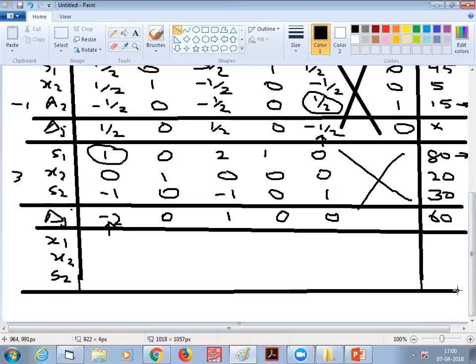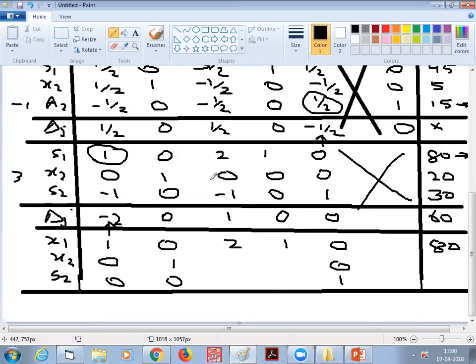So let's draw a line at the bottom. All right. So let's see. This is already a 1, so no change. 1, 0, 2, 1, 0. Forget about the space there. 80. So no change here. Now, identity matrix will come here. 1, 0, 0, 0, 1, 0, and 0, 0, 1 here.